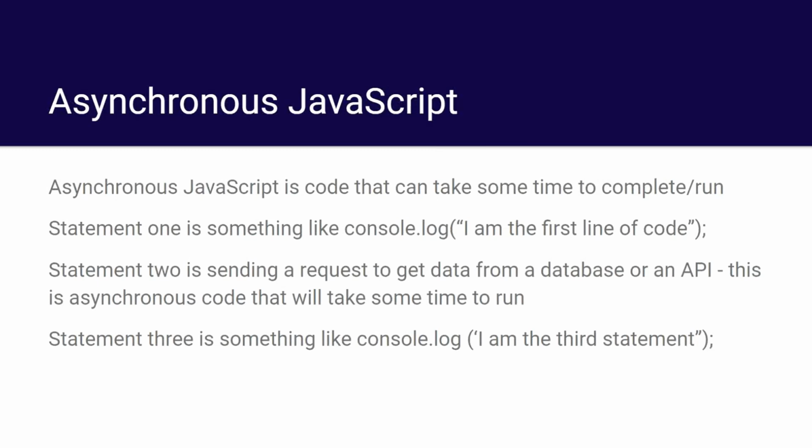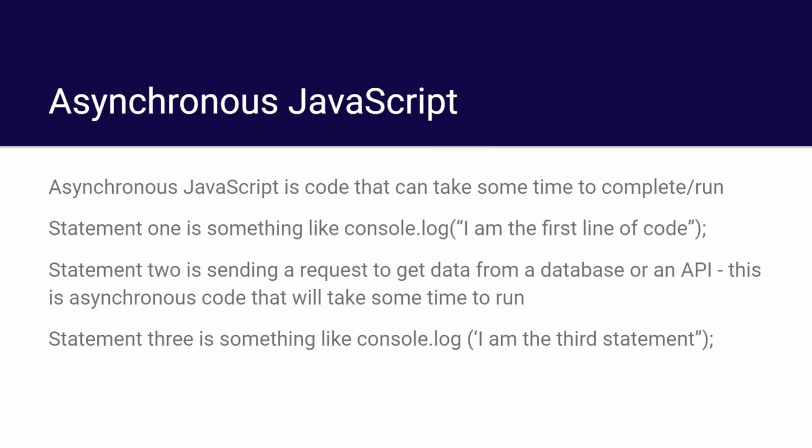So if we write our code in an asynchronous manner, what happens is instead of waiting for us to get a response from the API to then go on and do the third task, we make our code so that, okay, while we're waiting for a response for statement 2, let's go on and do the third task, okay?